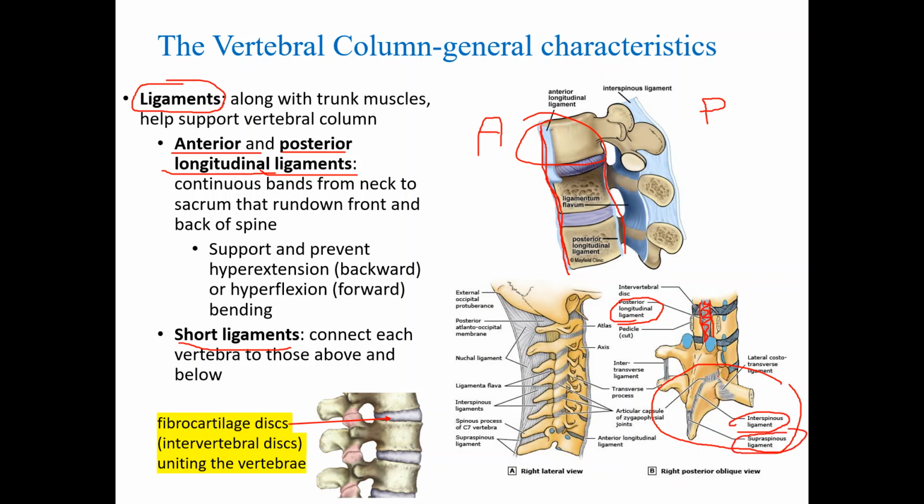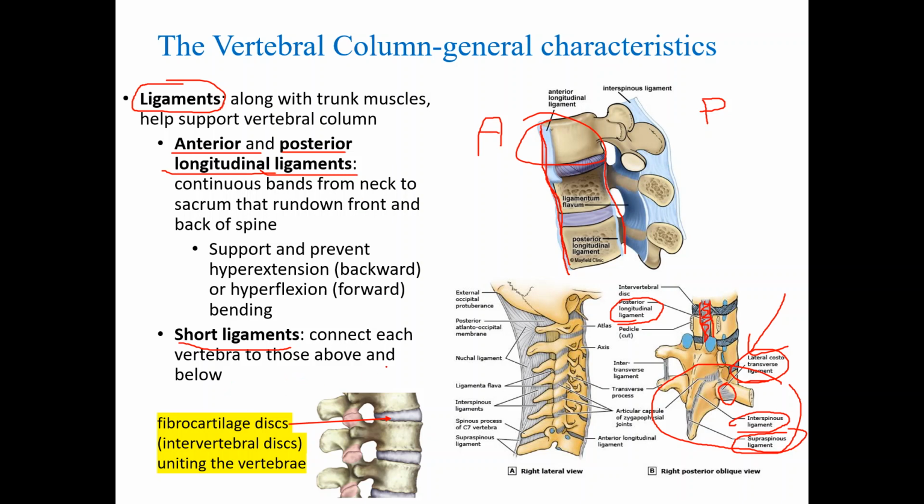These are the short ligaments we are talking about. Then there is also another one. This is a thoracic vertebra, where we find the lateral costotransverse ligament. We're going to talk about this ligament in particular when we talk about the thoracic vertebrae.